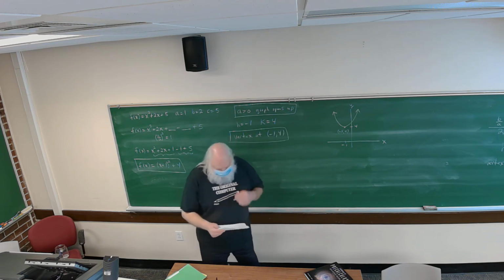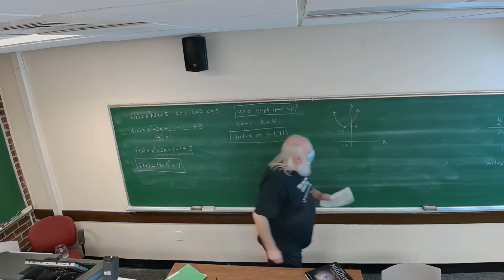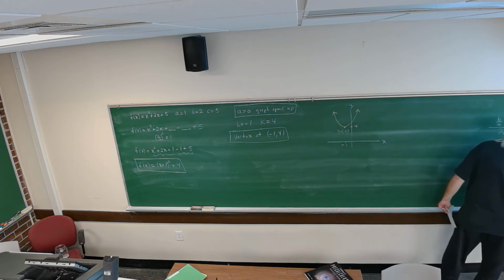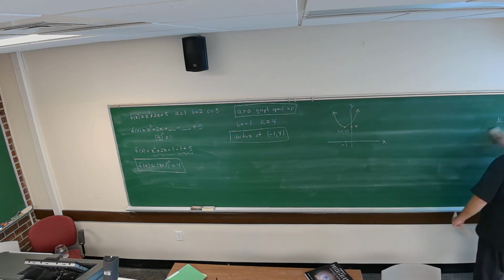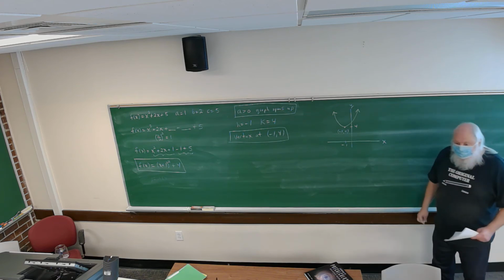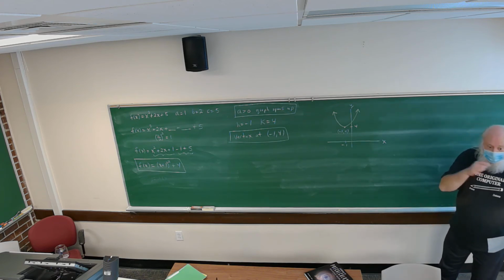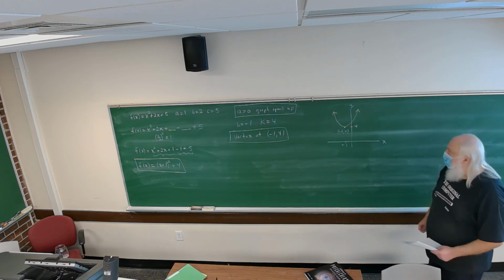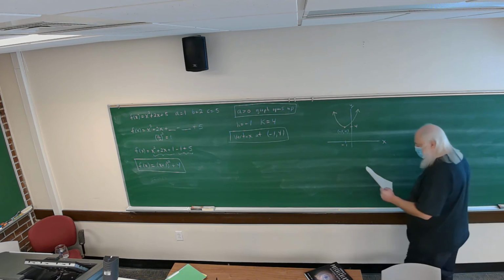Okay. All right. What's the axis of symmetry? X equals -1. It's a vertical line, right? So you got to write it as an equation of a vertical line. X equals -1. Okay. All right.